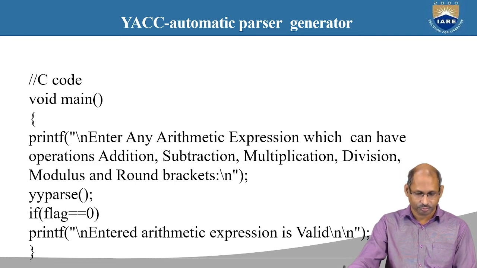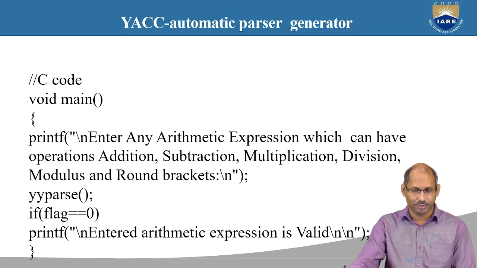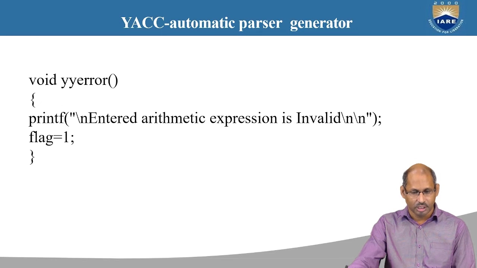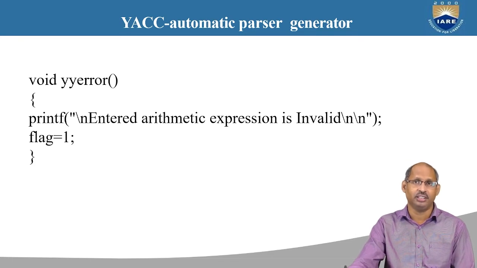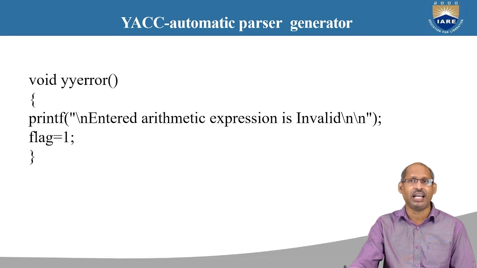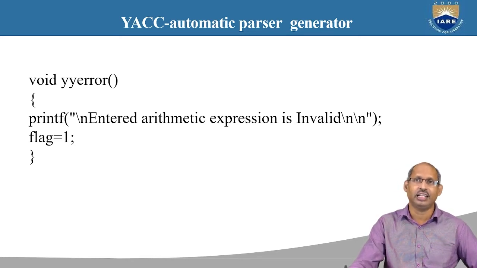This is the example for the third section. If there is any error, we use yyerror, a function. It says the entered arithmetic expression is invalid.